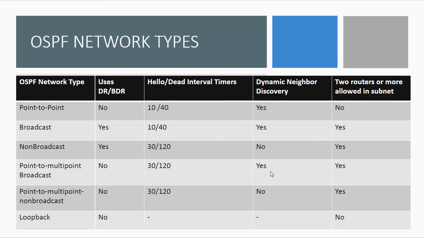Dynamic neighboring can happen, through multicast, and there will be more than two or three routers participating. Actually, a lot more routers can participate, and one of the examples of point-to-multipoint broadcast network is hub and spoke topologies in DMVPN.